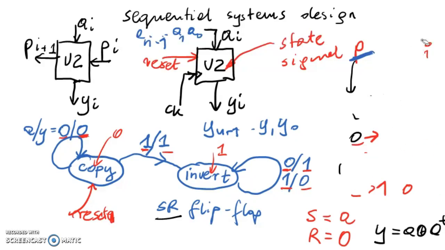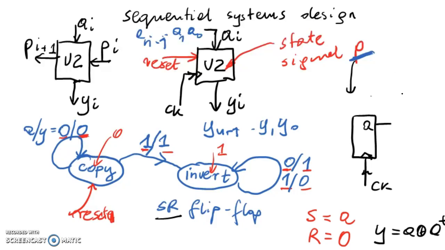Okay, and now we are to draw the diagram. The logic diagram is the following. You've got the SR flip-flop, clock is here, Q is here, and A is here. You must connect your input to the S input of the flip-flop.